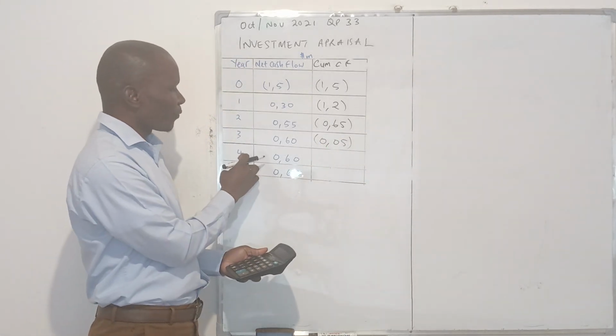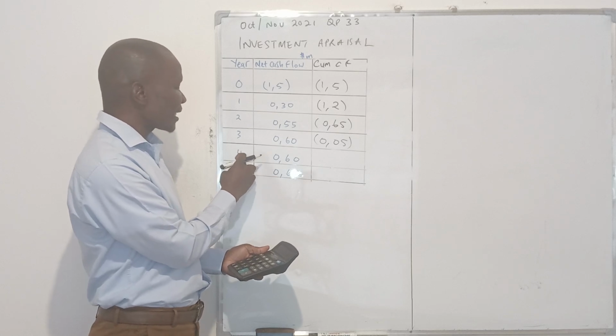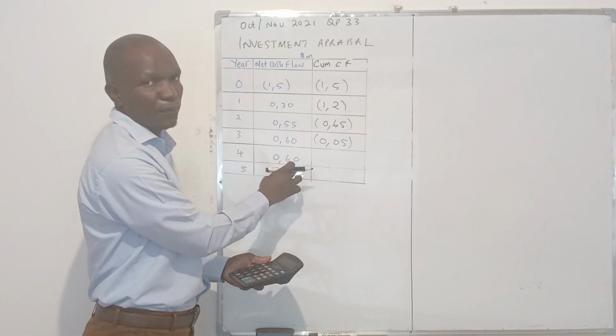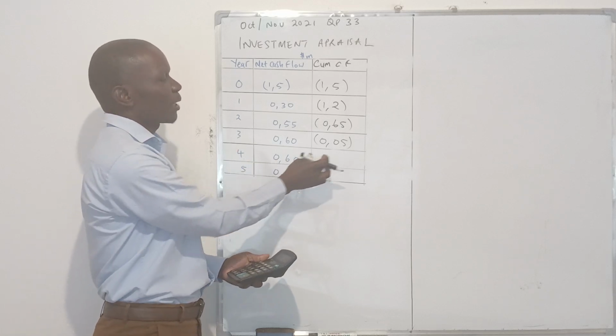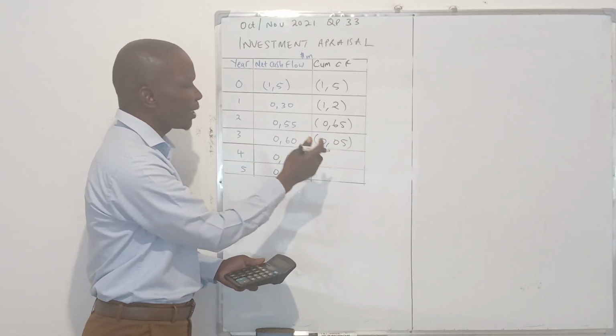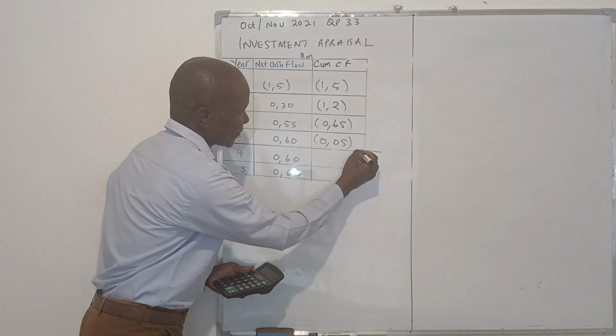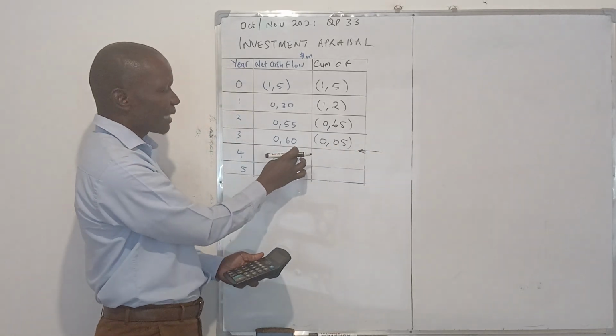Then in year 4, the project is bringing us 0.60. Now we know that we are getting more net cash flow than what we want. So our payback period should be 3 years and some months.